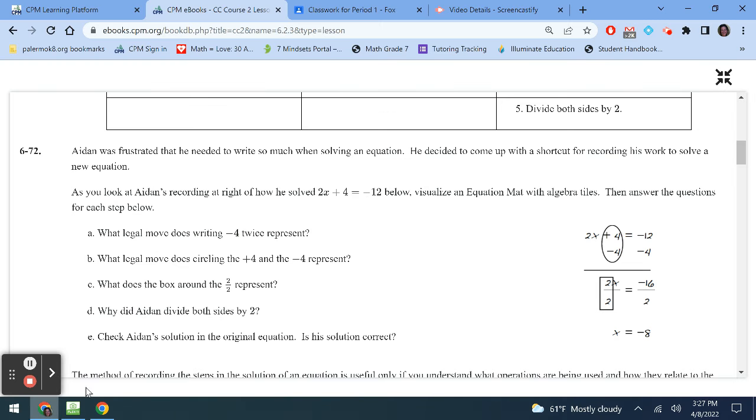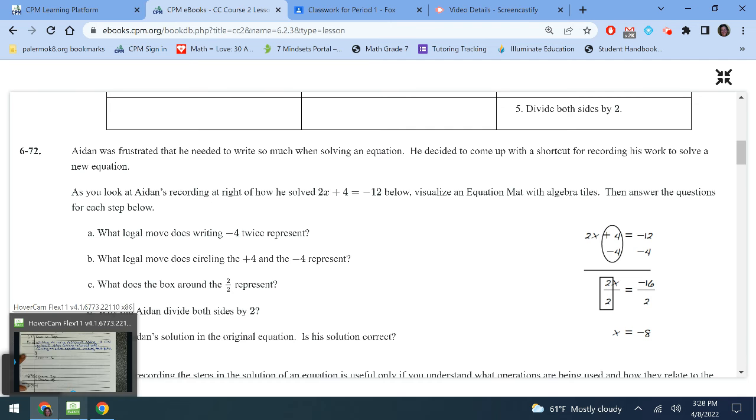Next, we have Charlie. Charlie says, what does the box around 2/2 or 2 halves represent? So what is this box? We're not talking about legal moves at the moment, but what does that look like? Hopefully you can see it. That is a giant 1.